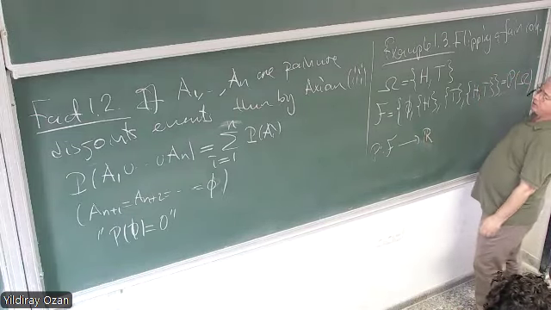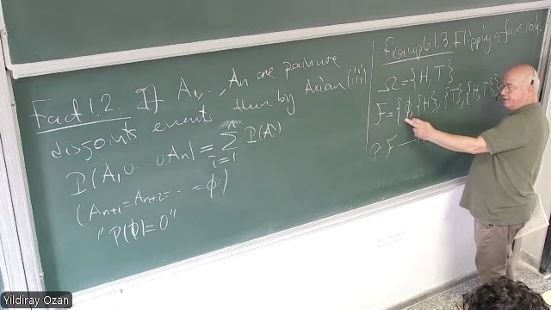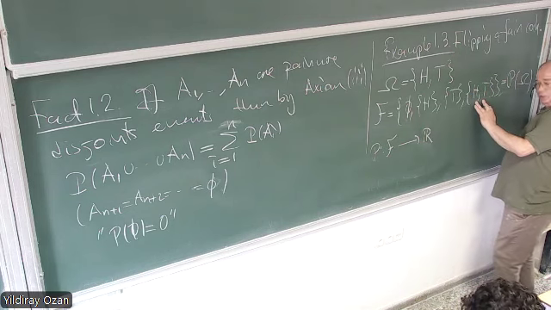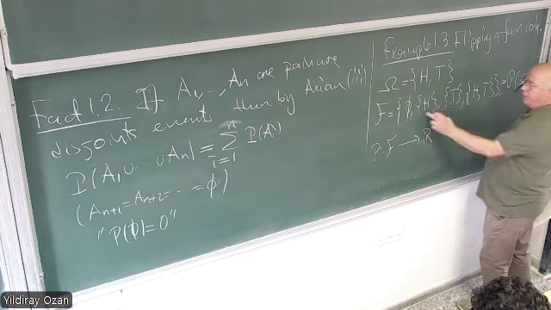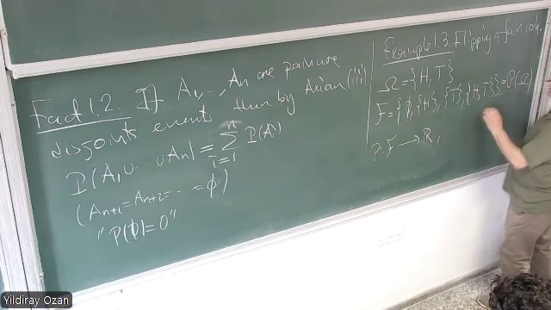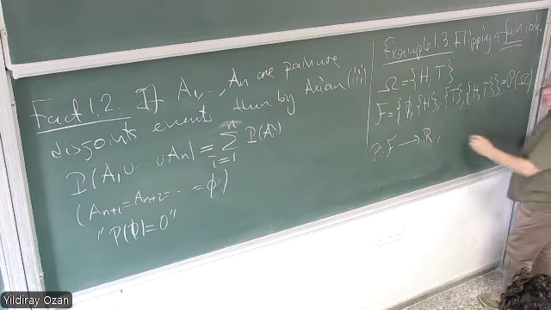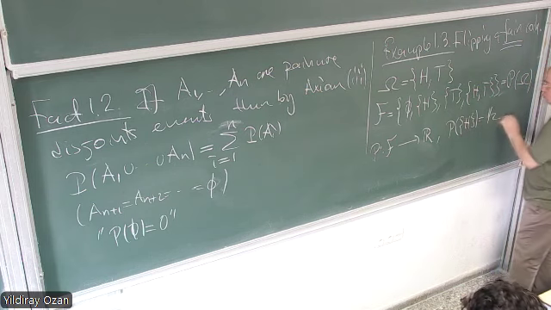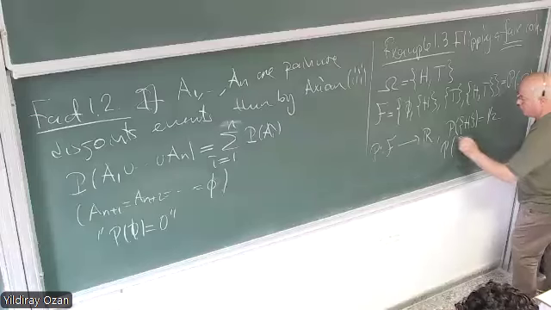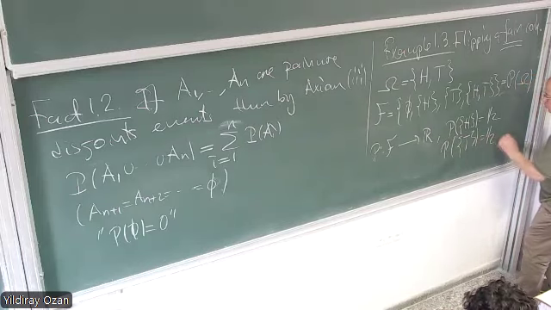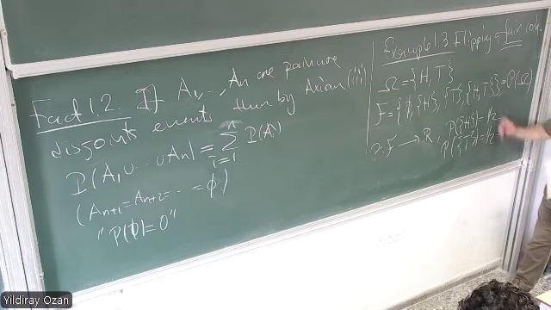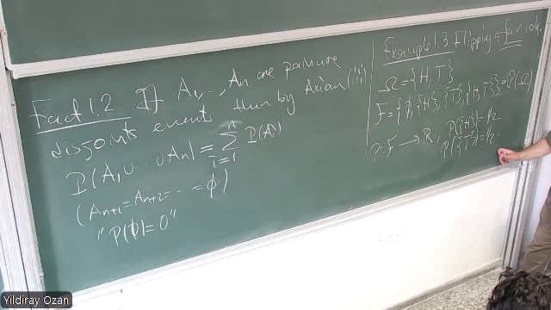We already know that the value on the empty set is 0, by the axiom, and the value on omega is 1. Since we said fair coin, P of H is 1 over 2, and P of tails is also 1 over 2. If it's not a fair coin, then of course this may be different. Maybe this is 1 over 3 and this is 2 over 3.